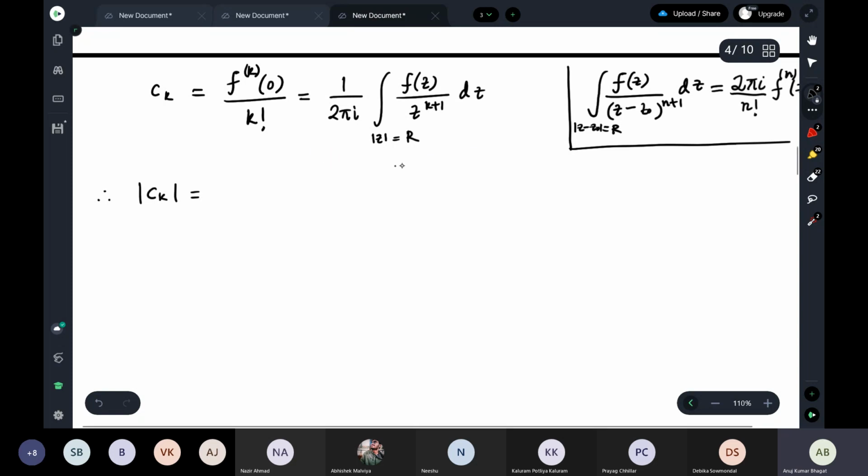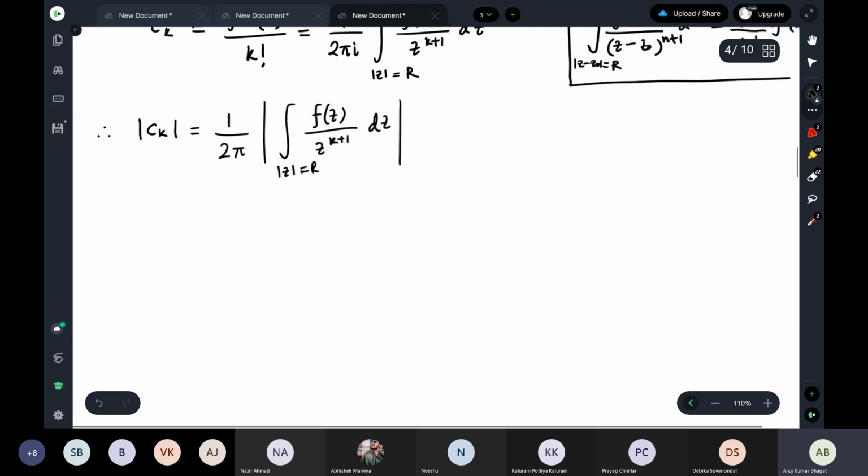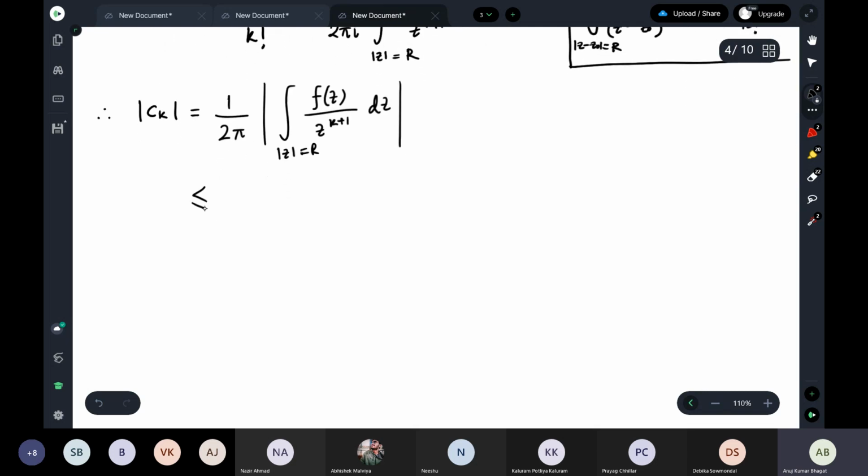So modulus of 1 by 2 pi is 1 by 2 pi, and the modulus of the integral over mod z equals r of f(z) by z to the power k plus 1 dz is bounded by, you can use the ML inequality.